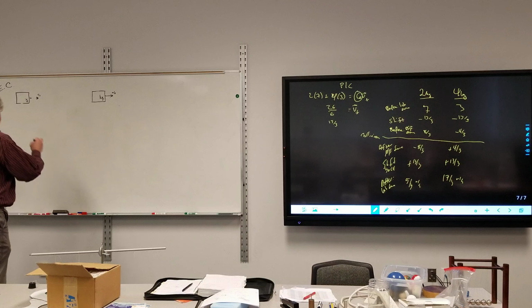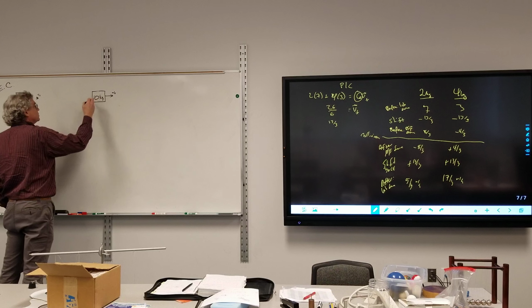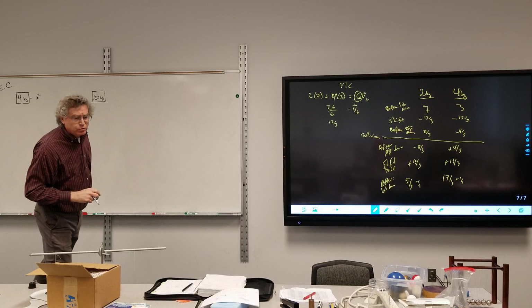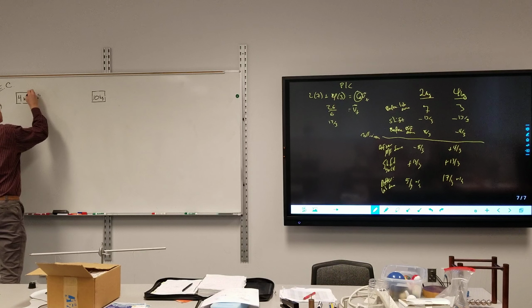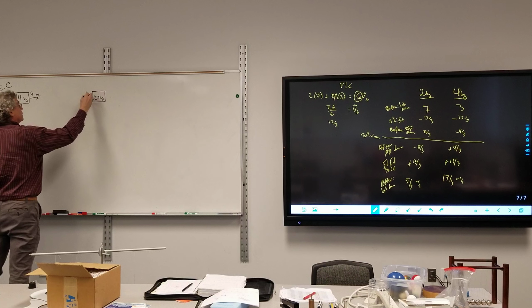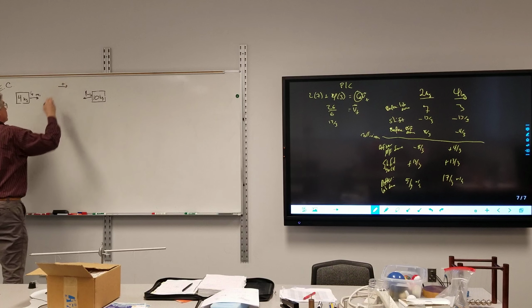So I've got a 4 kilogram, a 10 kilogram mass. 4 kilogram mass is going to the right at 6 meters per second. This one's going to the left at 1 meter per second. And just so that we all would have the same answer, let's just make to the right positive.